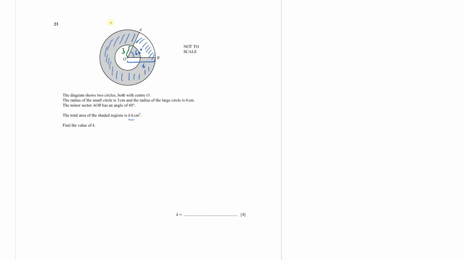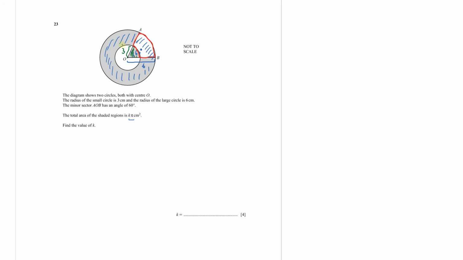Then I need to subtract this area represented by the boundary I am drawing in red. If I subtract this red region, I get the ring here, which is shaded. Then I can find the area of this green small sector as well, and add them together to get the total area of the shaded region.